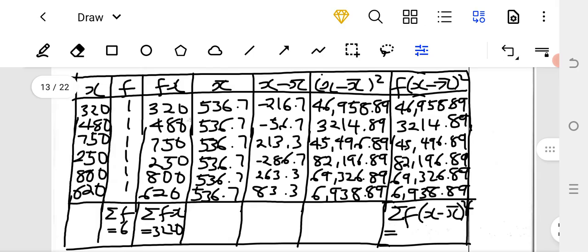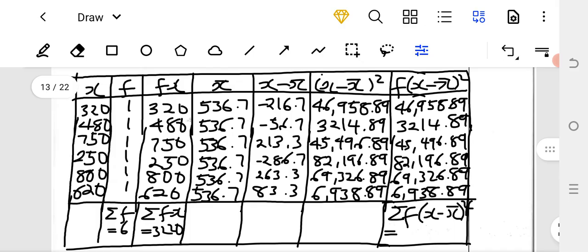Okay. So it's 82,196.89. Then we have 45,496.89. Then we have 3,214.89.